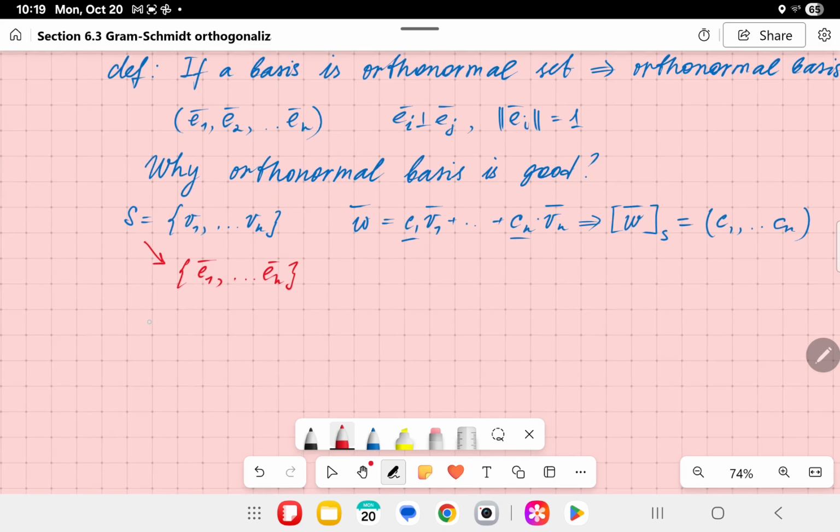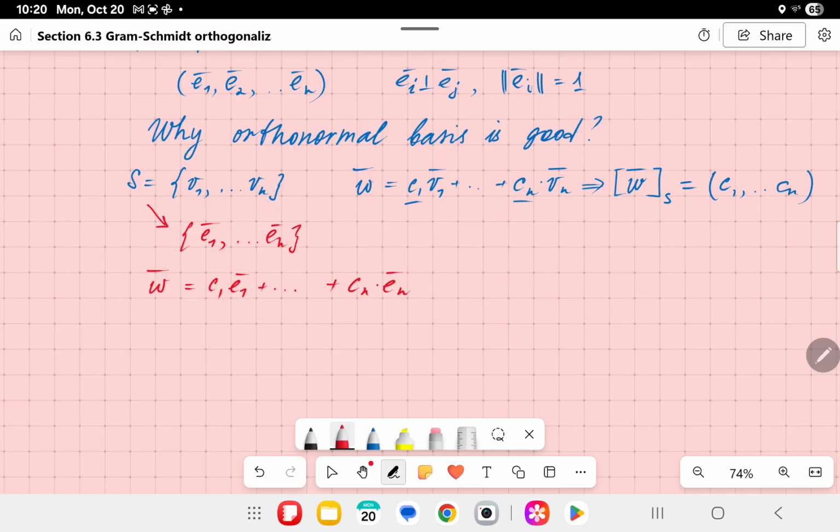Imagine that I take the same vector W and represent it through this orthonormal basis as C1 E1 plus up to Cn En. Well, here I'm not going to solve a system of equations. What am I going to do? I'm going to multiply both sides of this statement by E1. Let's watch what happens.